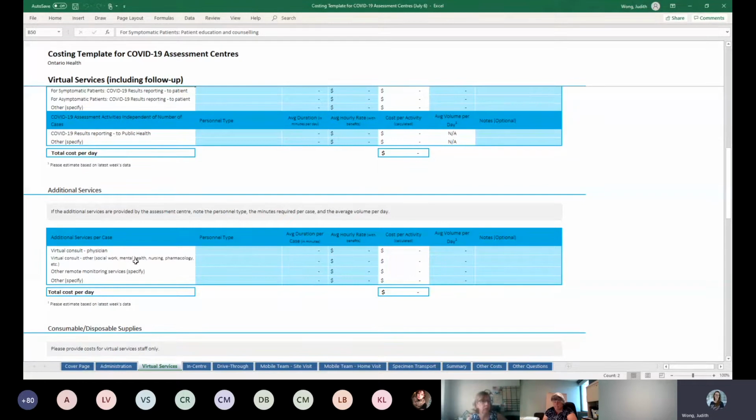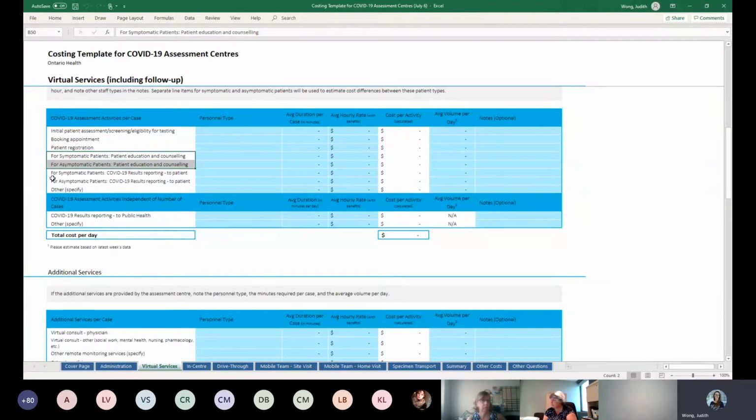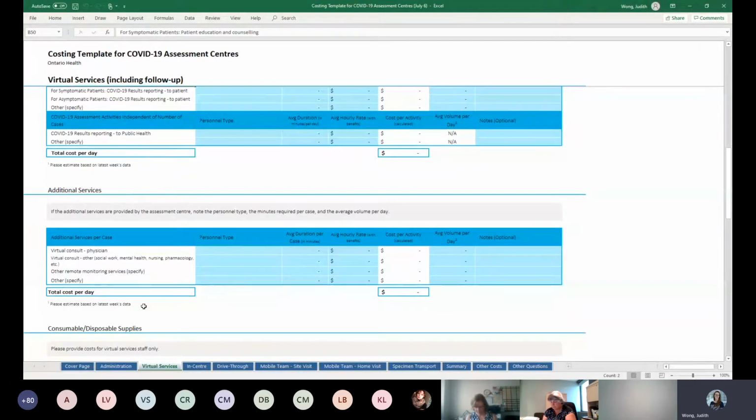So we've included space for virtual consults, on the phone or through telemedicine with a physician or other health professional; other remote monitoring services, but please specify in the notes what those might be; or other services, please specify. These would be activities that may not be directly applicable to COVID-19 testing, but if you are doing them out of your assessment center, please list them here.